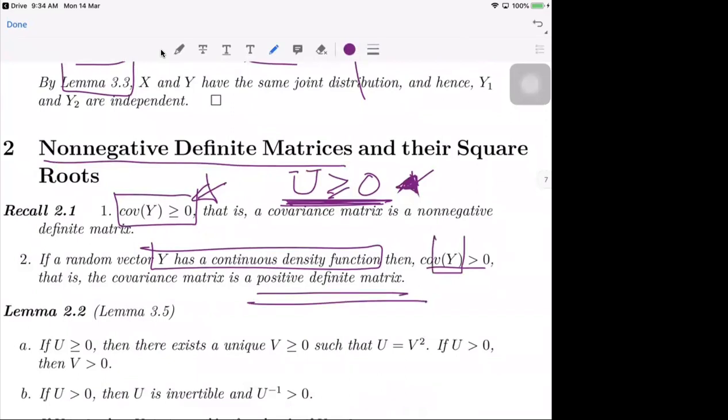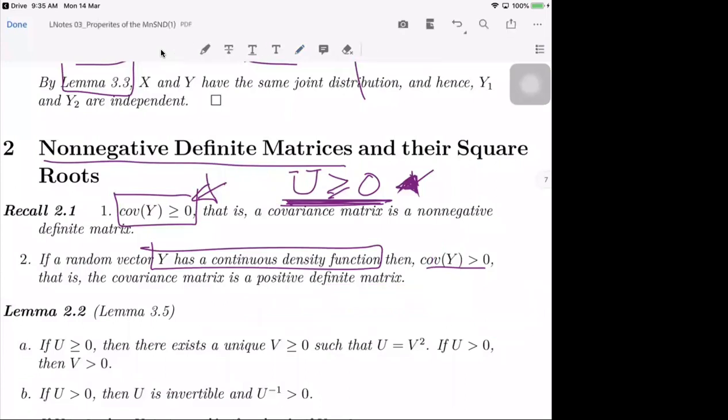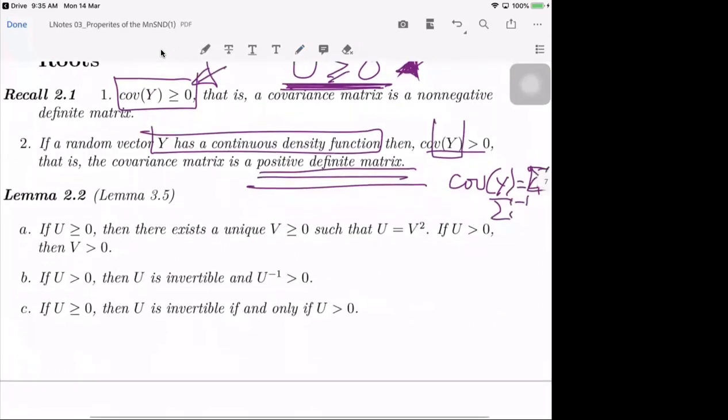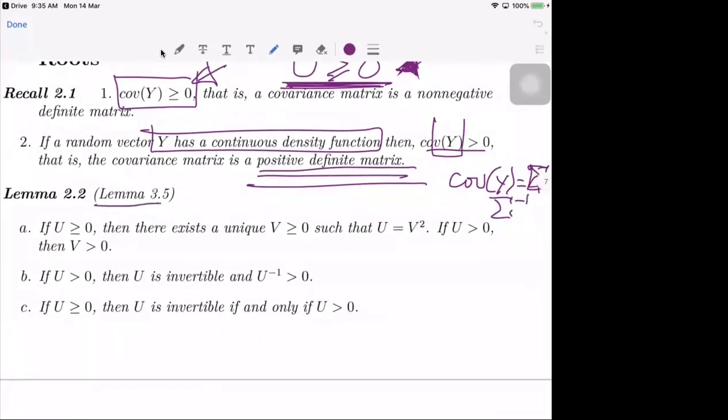So you want this characteristic because if we denote the covariance of y to be equal to sigma, we want sigma inverse to exist. So this lemma tells you some properties of your non-negative definite matrix.